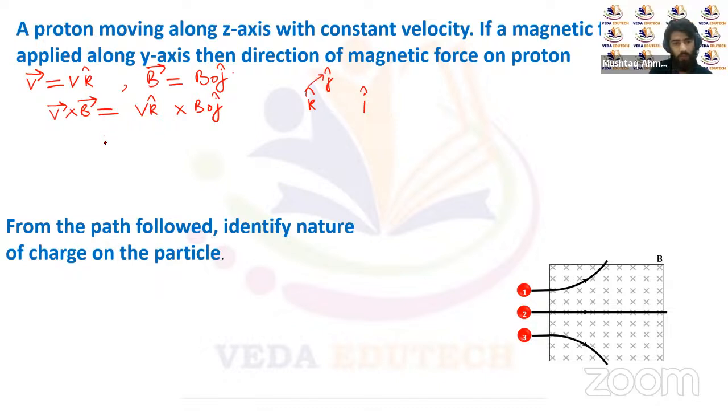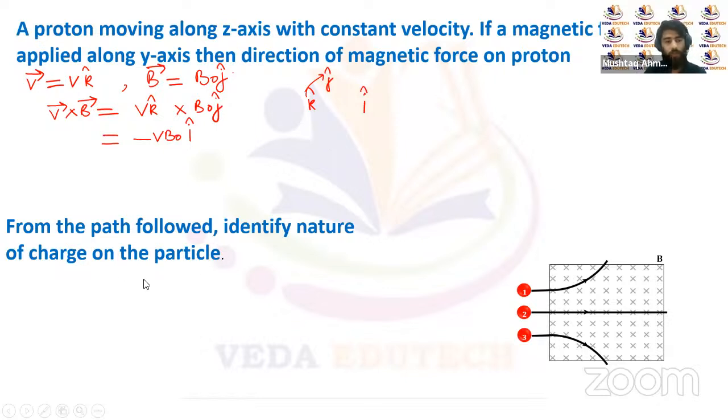So v cross B will actually be minus v B naught i cap. It means the magnetic force acting on this proton will be along the negative x-axis, and that is the direction of the magnetic force.